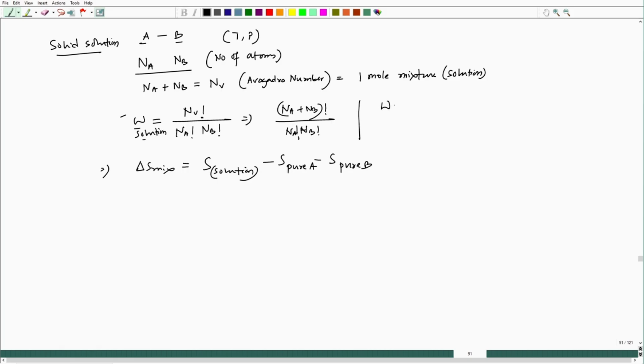Similarly, I can write omega for pure A, which will be 1.